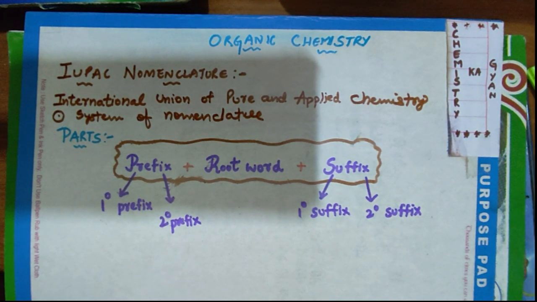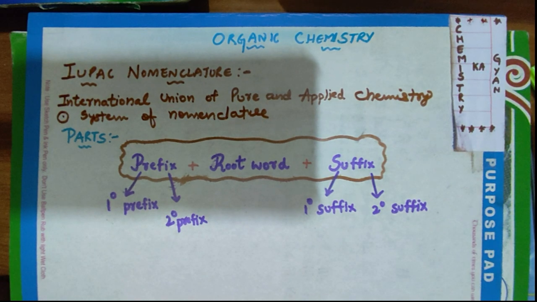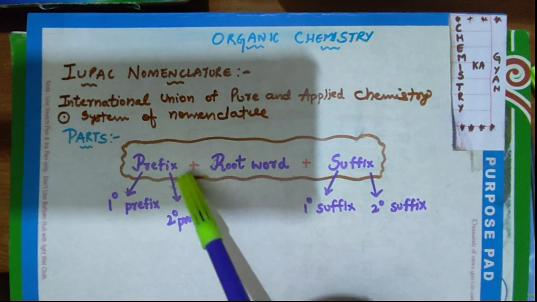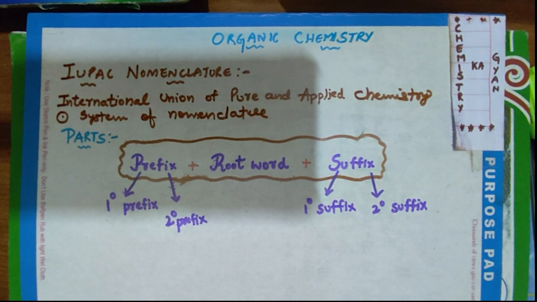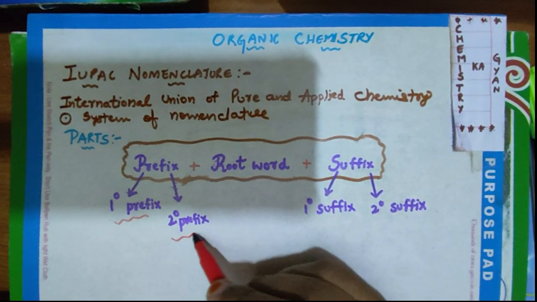So it is a system of nomenclature. Coming to the parts of the IUPAC nomenclature, it includes prefix plus root word plus suffix. Prefix is the first part, which again is divided into primary prefix and secondary prefix.